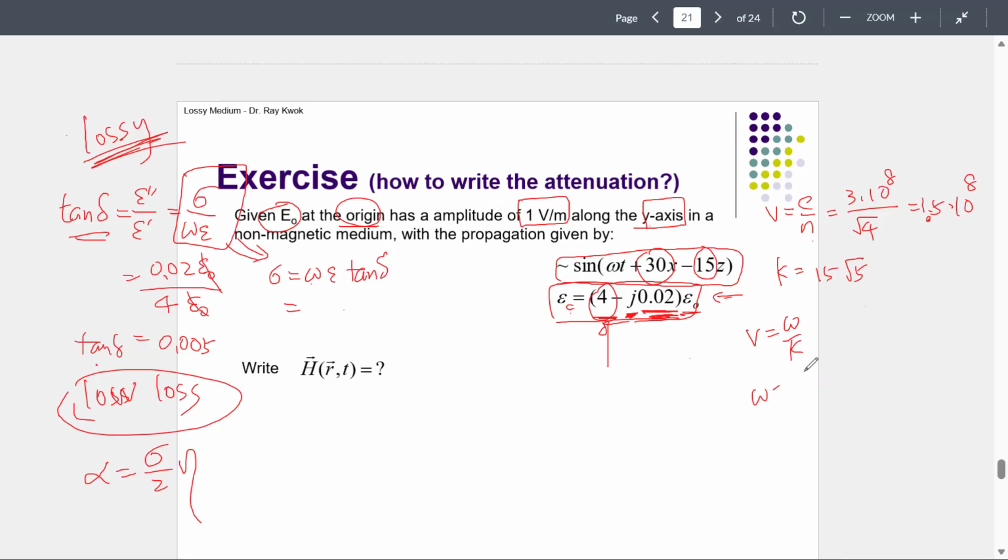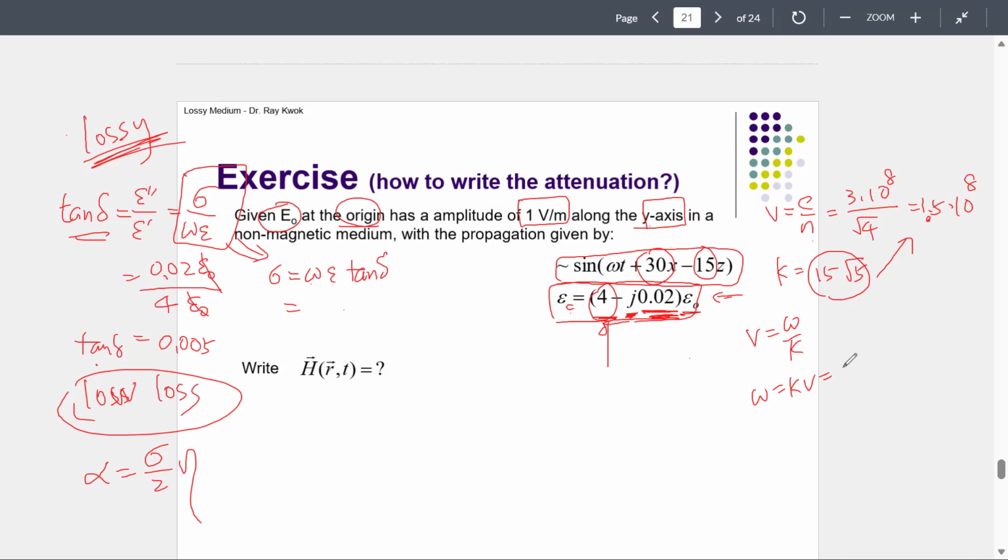So omega is k times v, which is this times this. Does anyone have a calculator who can help me really fast? 15 times square root 5 times 1.5.